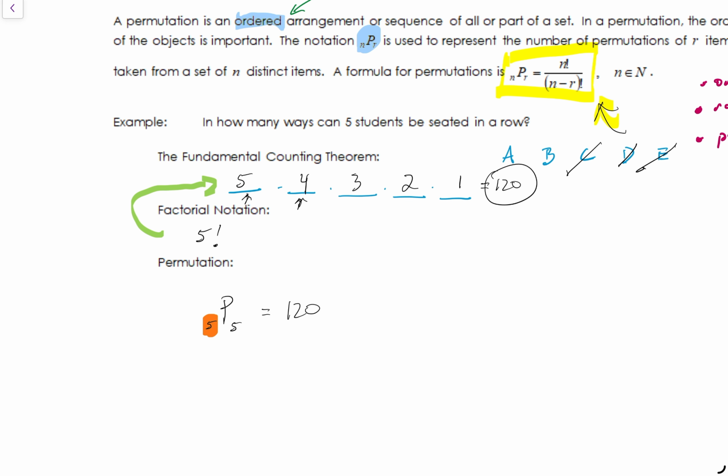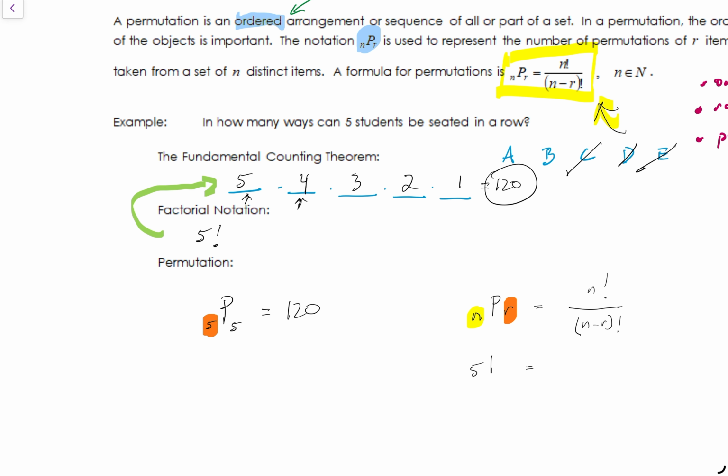Now, just because we have access to a calculator, let's take a look at what happens algebraically or numerically as we put those in. So we know that the definition of nPr is equal to n factorial divided by (n minus r) factorial. Make sure you put that in brackets. Remember that n is the number in front and r is the smaller number to the right.